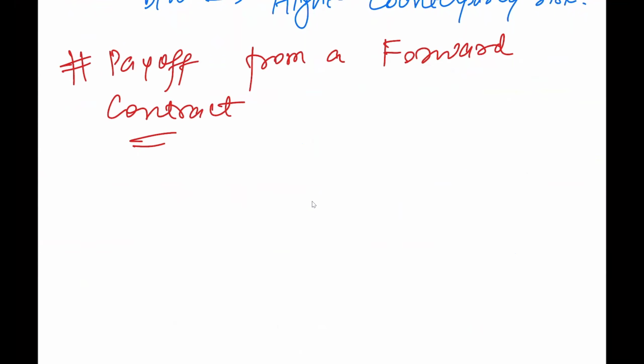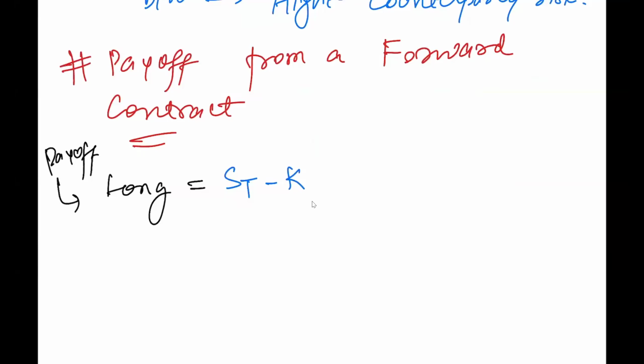If someone is in a long position, the payoff for a long position is nothing but ST minus K. And similarly, for a short position, it will be K minus ST. So the equation remains the same.